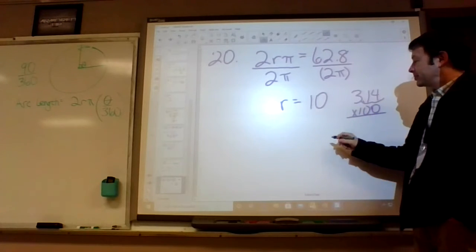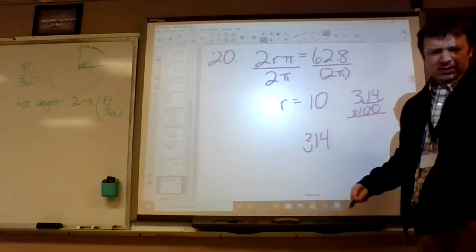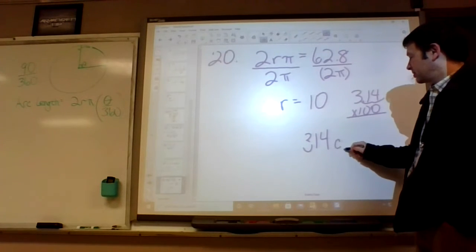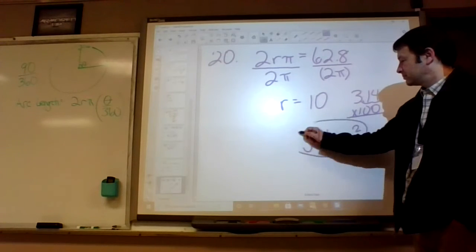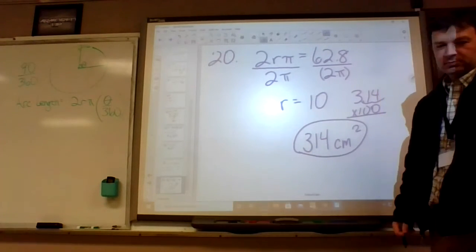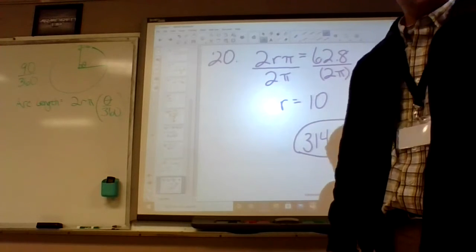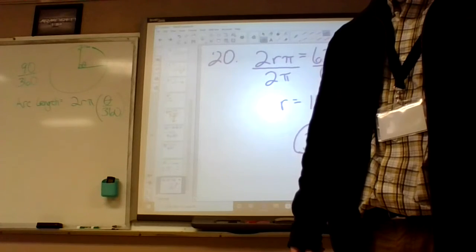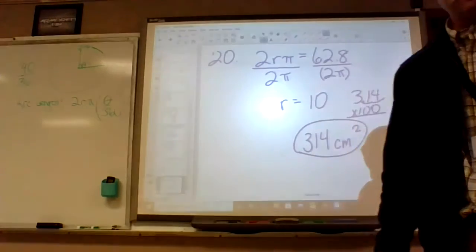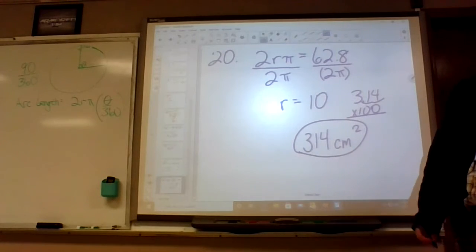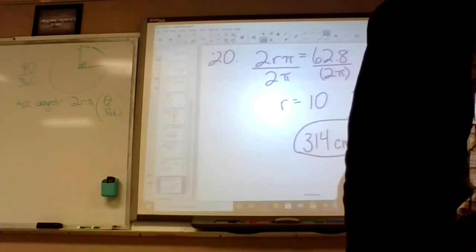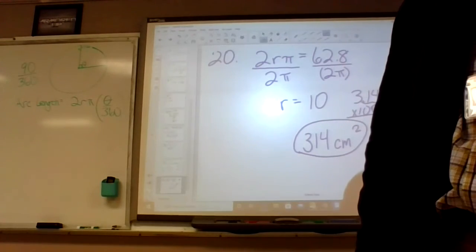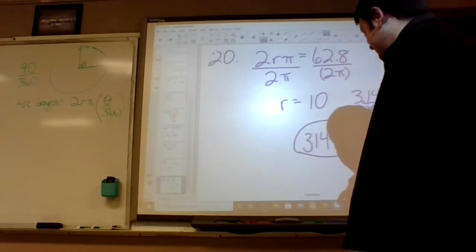So the decimal just moves over twice, right? 314 centimeters squared. We were supposed to round to the tenth place, so it was probably 314 point something. Yeah, it would've been 314.2.